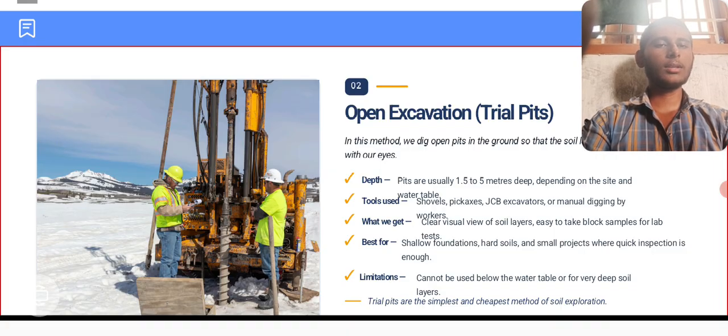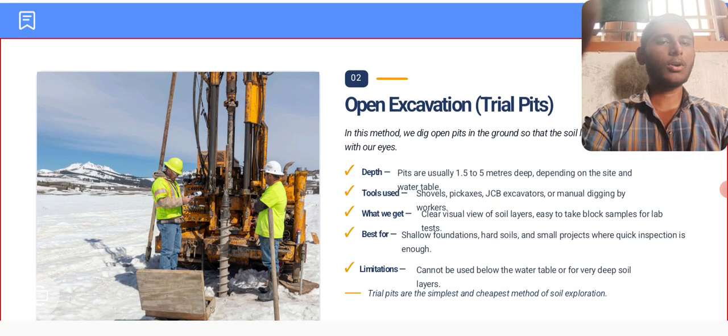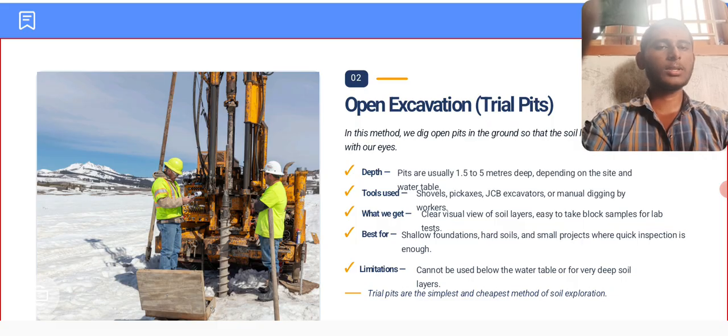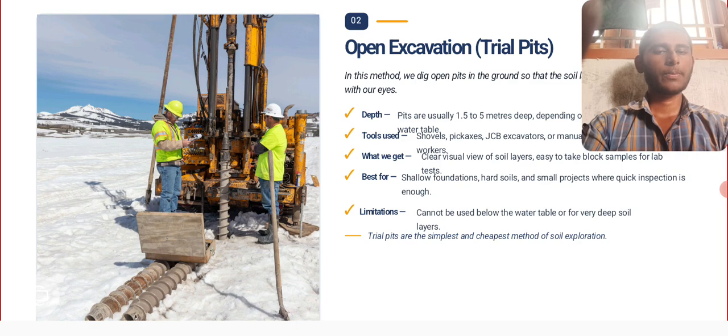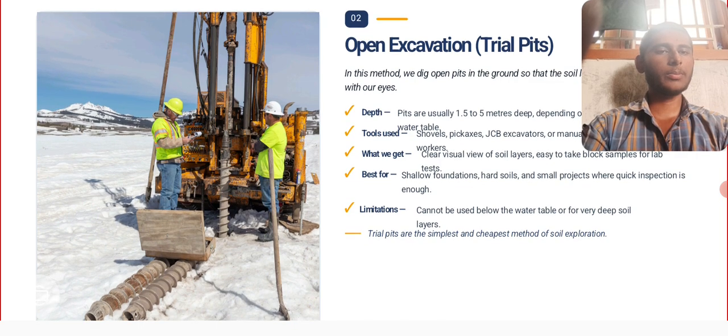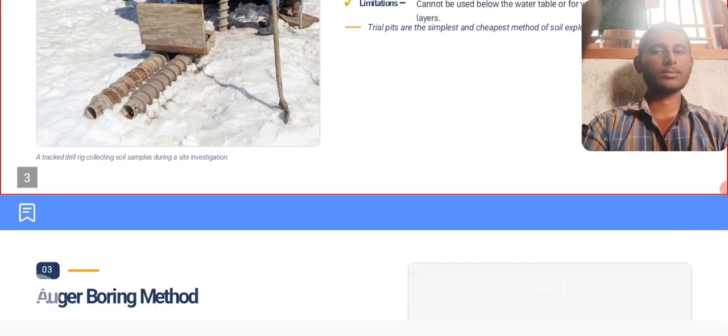What we get is a clear visual view of soil layers, and it is easy to take block samples for lab study. It is best for shallow foundations, hard soils, and small projects where quick inspection is enough. Limitations: it cannot be used below the water table or for very deep soils.